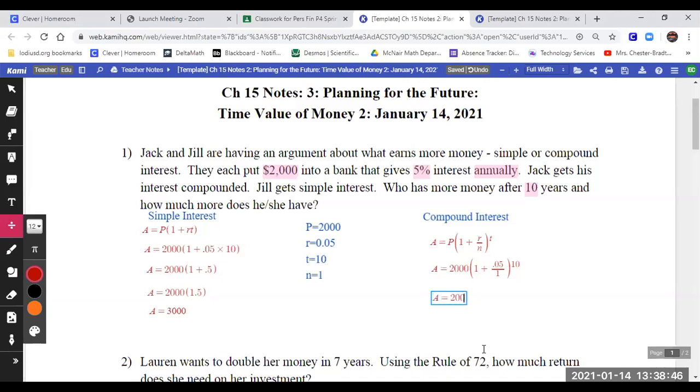So 2,000 times 1.05 to the 10th. I get that exponent by hitting the up arrow we used yesterday; the calculator automatically knows that means exponent. What part of this do we have to solve first?